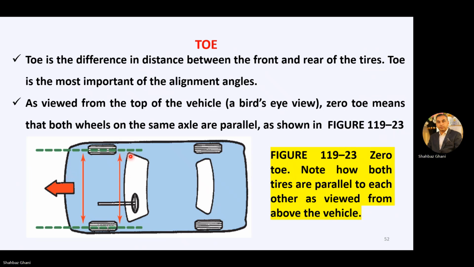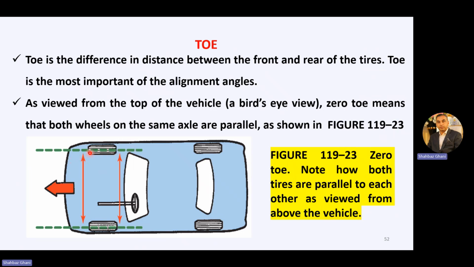Now, the first angle was the camber angle, which is viewed from the front or the rear. The second angle was the caster angle, which is viewed from the side. Now the toe angle is viewed from the top. So these are your front wheels.